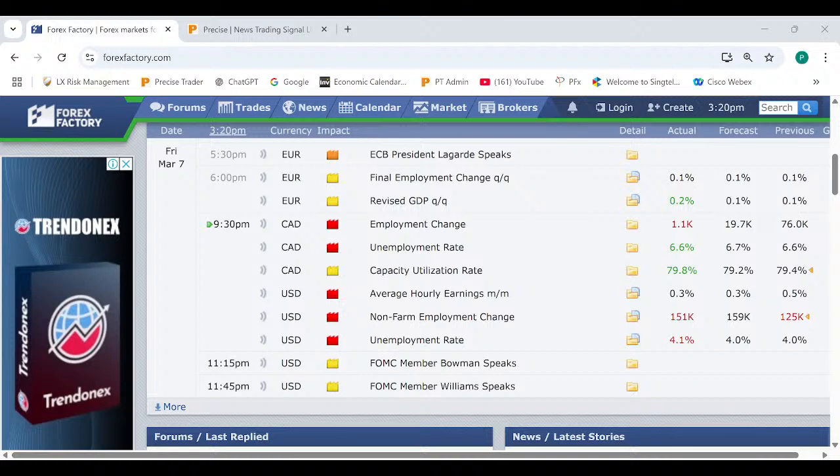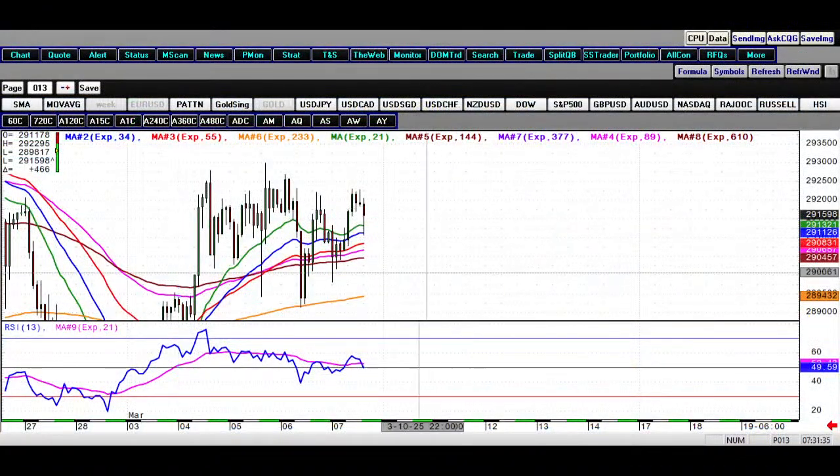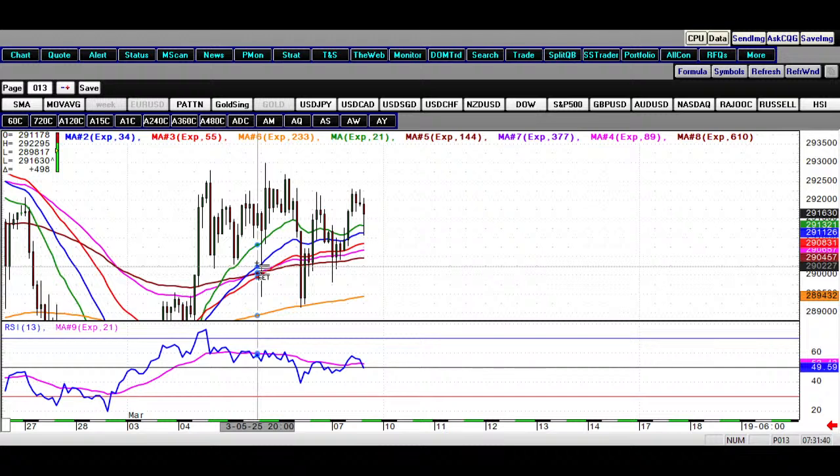Then we will wait for the market to get stabilized. If you are an aggressive trader, you can buy at 14, 14 half, and the stop loss should be below 10.